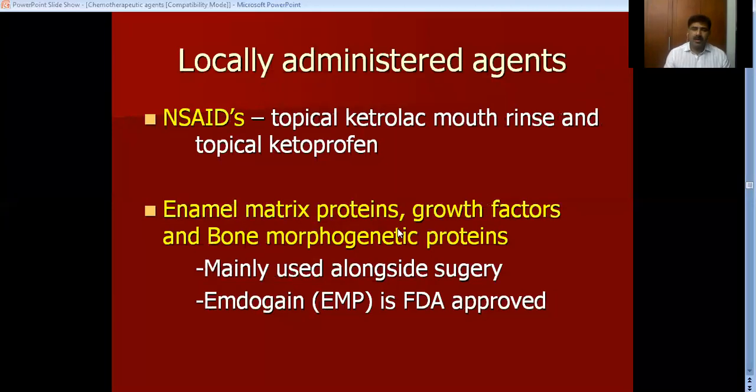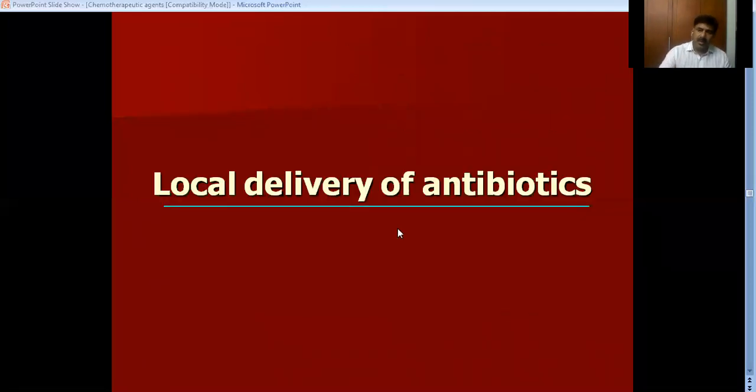When we discuss periodontal regenerative surgery, we will discuss Emdogain. Emdogain, you can say, is a growth factor. It's nothing but an enamel matrix protein, which is of bovine origin, which actually stimulates the formation of acellular cementum. So that is also given alongside surgery, so that you can reduce the post-operative effects.